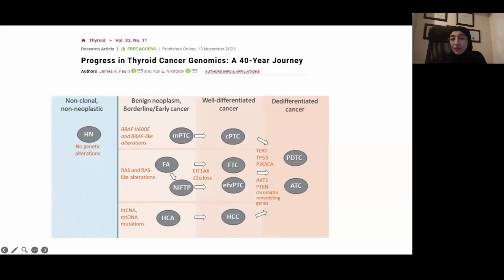With well-differentiated thyroid cancer, with the conventional type of PTC, most PTCs do harbor BRAF V600E mutation. With the follicular thyroid cancer, most of them would harbor RAS mutation. Hepatocellular cell carcinoma is a different type of mutation, which is a mitochondrial DNA mutation.